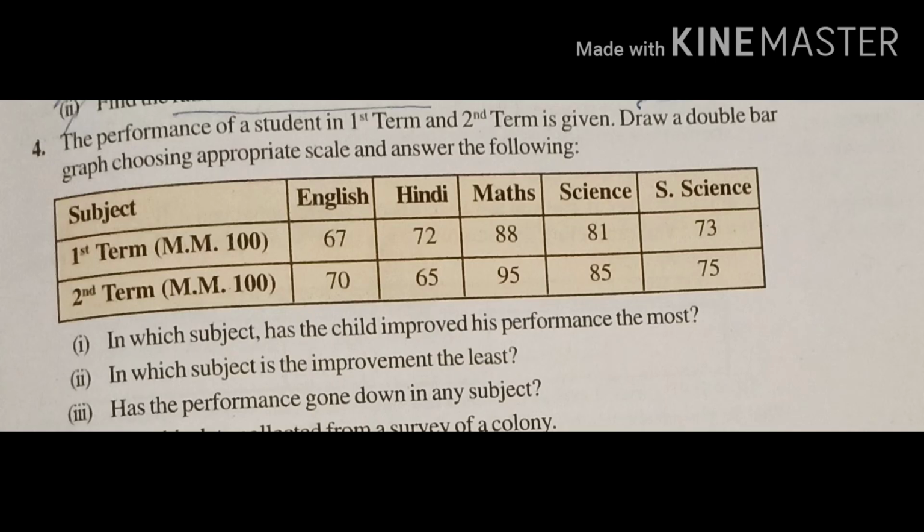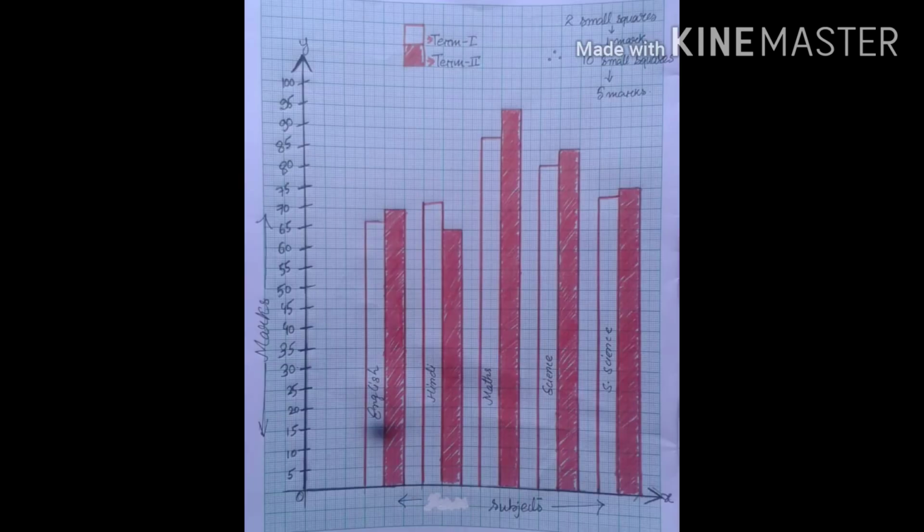Understood? Next question: in which subject was the improvement least? If I observe the double bar graph, which one is the least subject? Yes, that is social science, right?